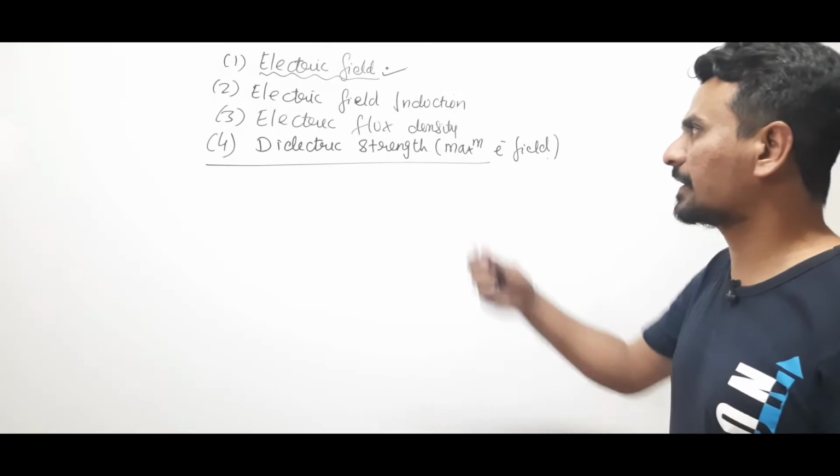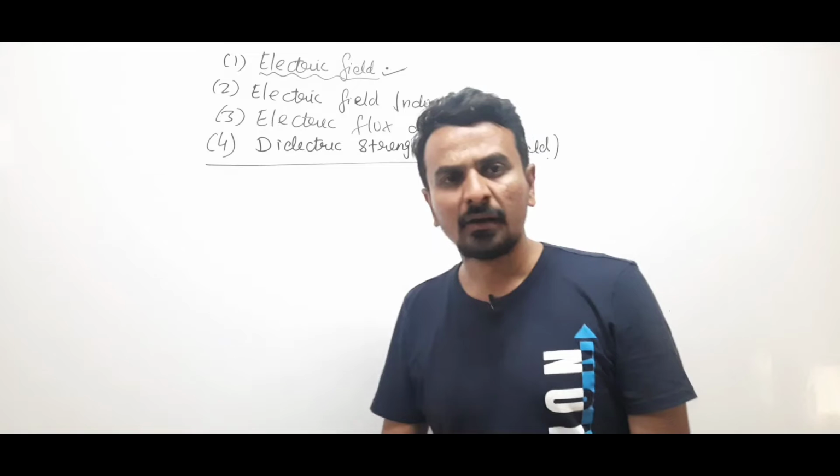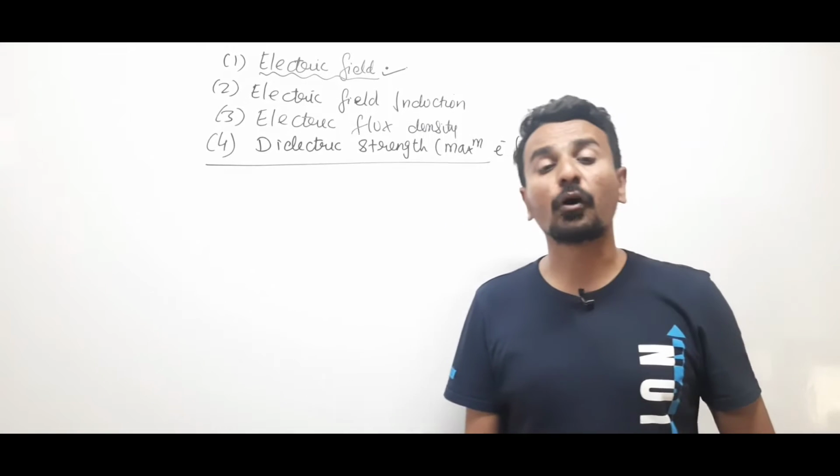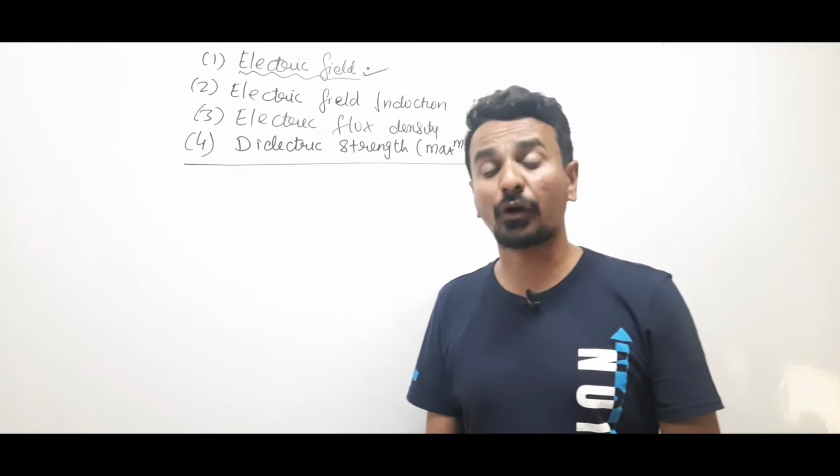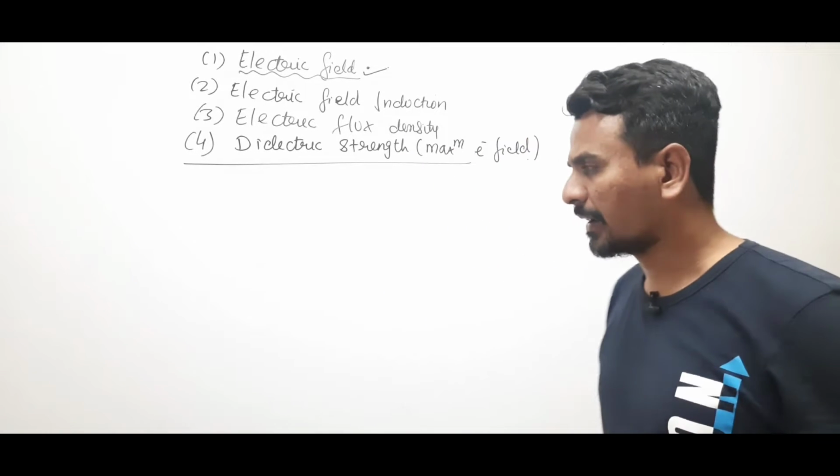So these are the different names of electric field. Fine. So now we'll understand what electric field is, what is the magnitude of electric field, and what is the direction of electric field.